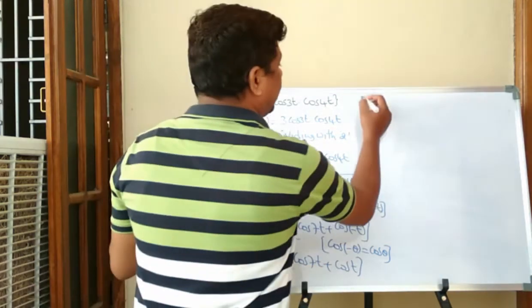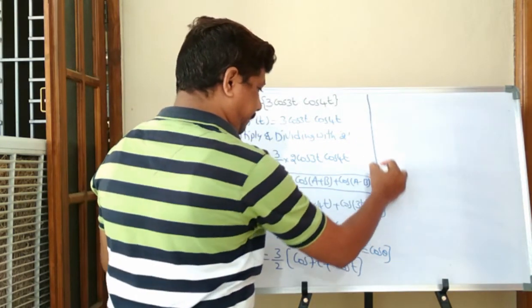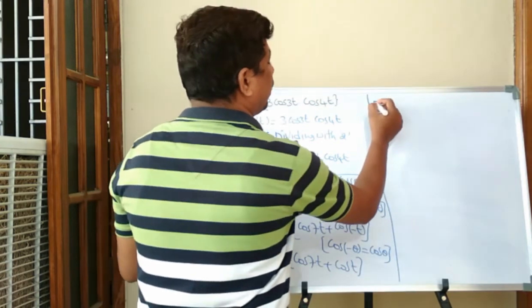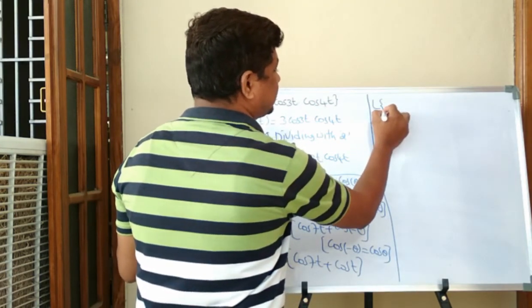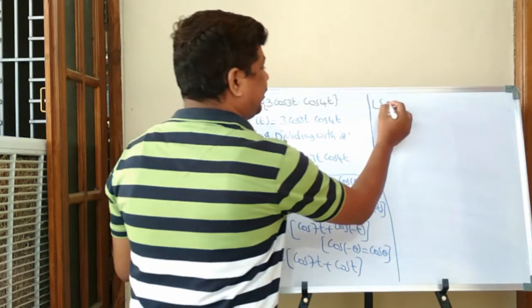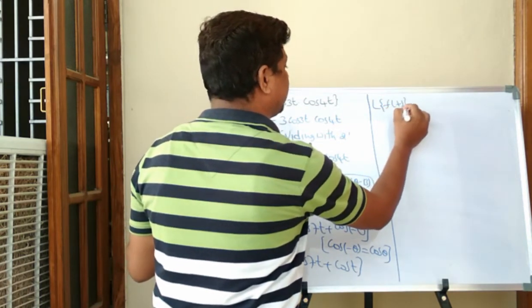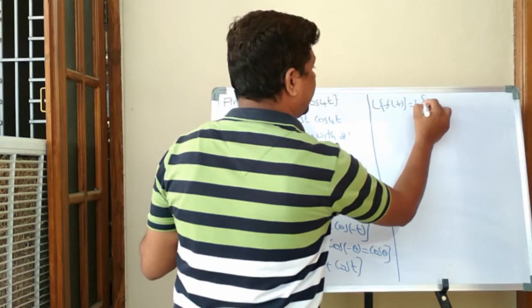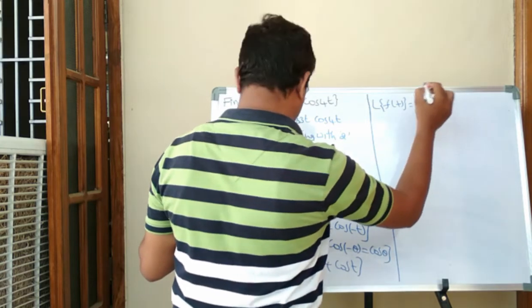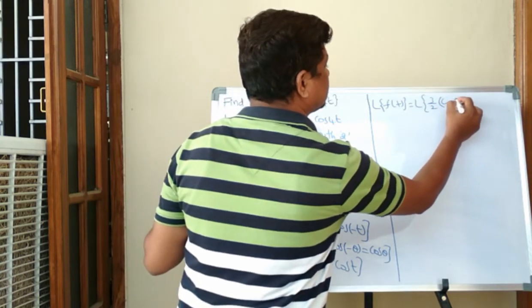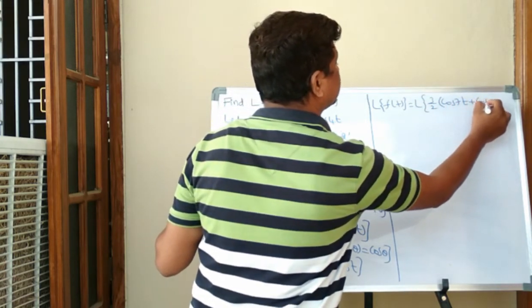Now, applying the Laplace transform on both sides, L of f of t equals Laplace of 3 by 2 into cos 7t plus cos t.